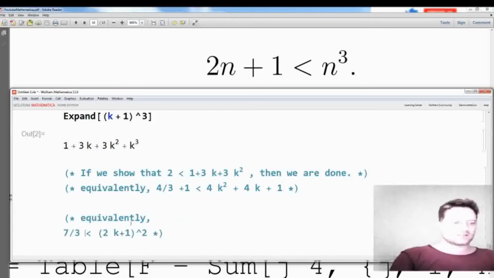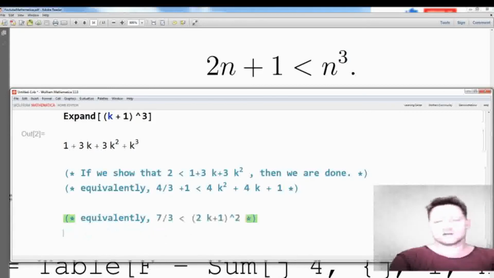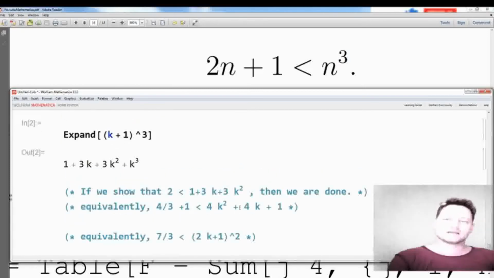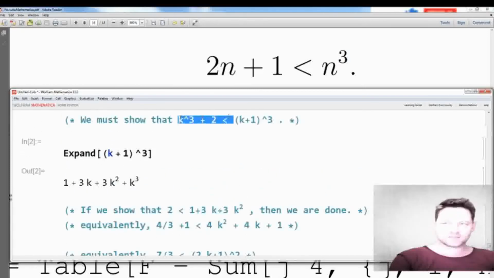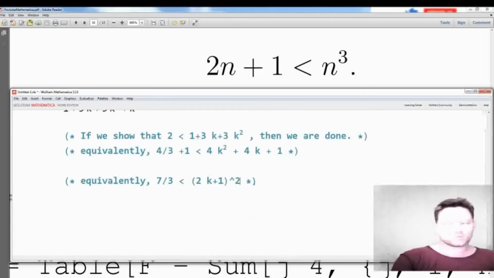Okay, so there we have 7 thirds. Now, we need this to be true, right? Because if we can deduce that this is true, then we can deduce that this up here is true, all right? Because those would be logically equivalent for a positive integer k.